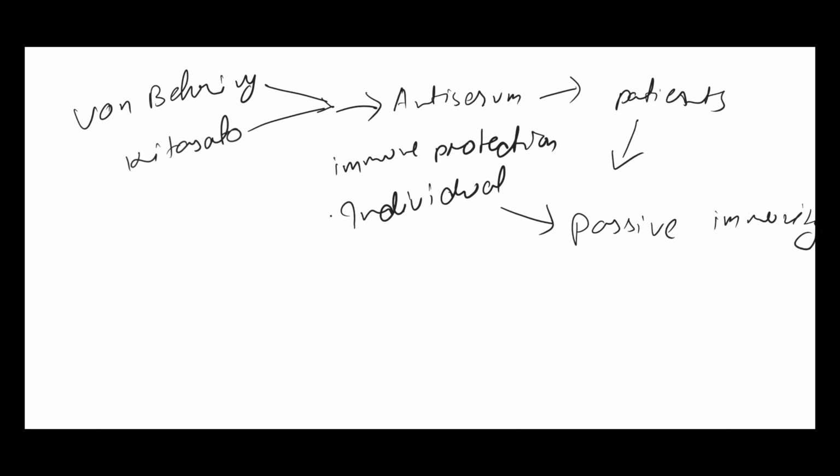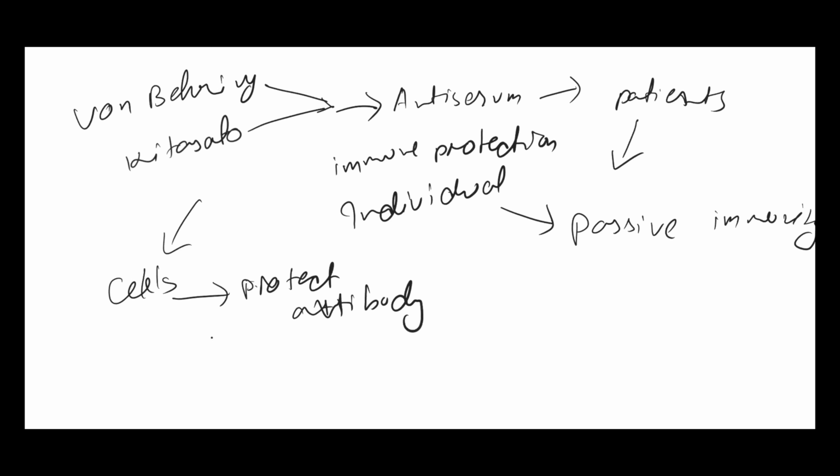And on the other hand, with the help of cells, they could produce their own protection. They could protect themselves by producing antibody by the body itself.